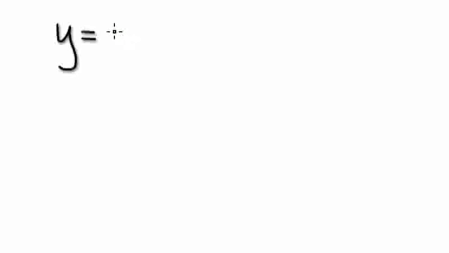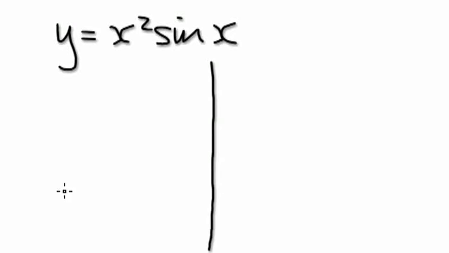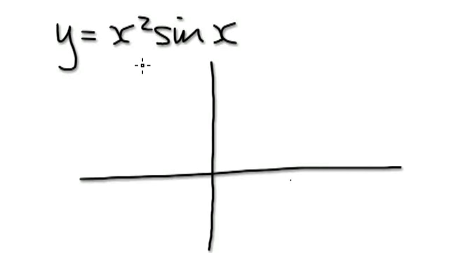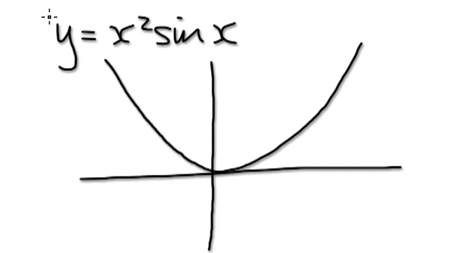And then I also showed you y equals x squared sine of x. When you come to sketch this, just roughly sketch it like this. So y equals x squared will look like this, and it will look something like this.